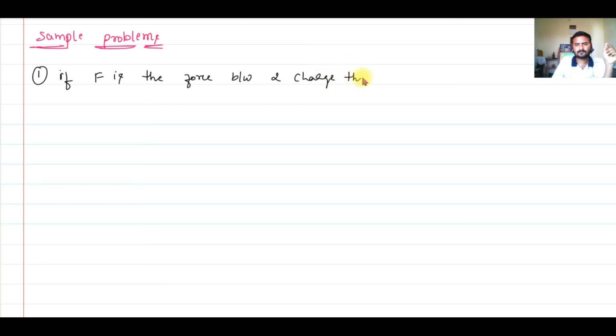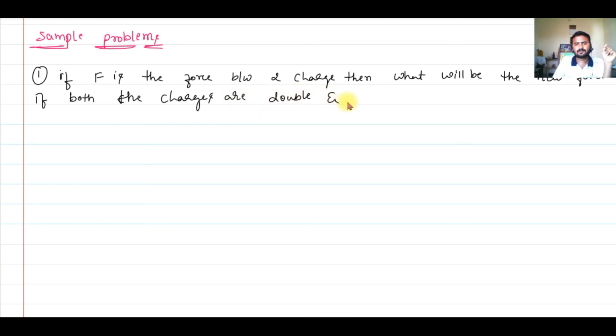What will be the new force if both the charges are doubled and the distance is halved?